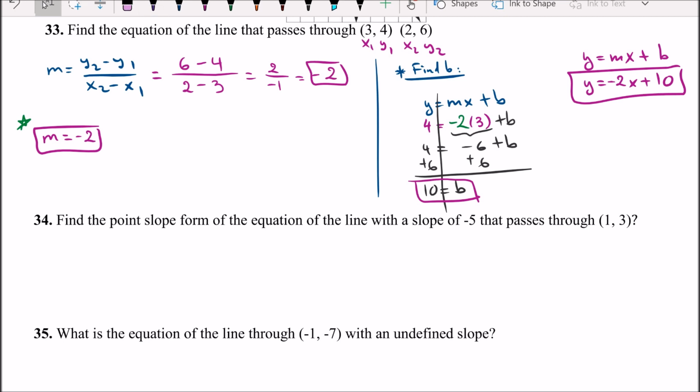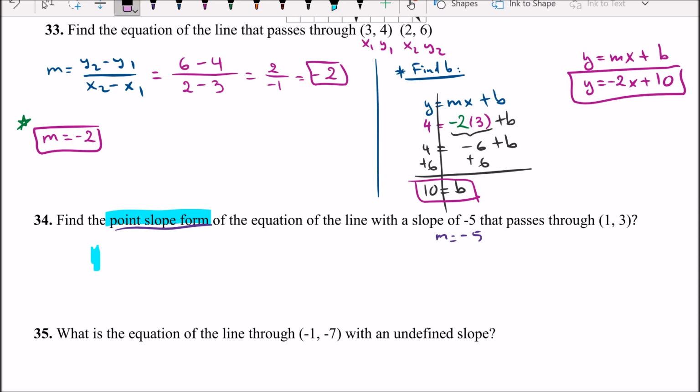Problem 34. Find the point-slope form of the equation of the line with slope negative 5 that passes through the point (1, 3). Point-slope form. So don't forget, we have this formula. It's not your favorite one, but they will ask you on the test.